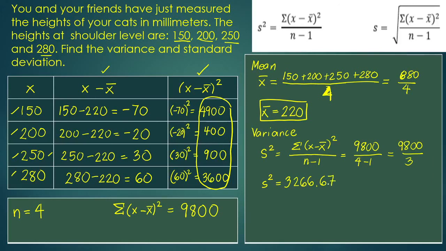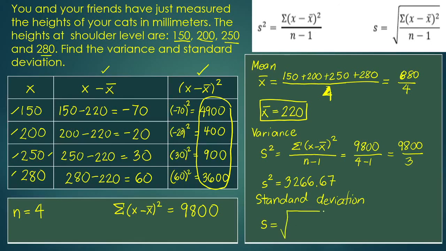0.67. Okay, now this time, do not delete the entry in your calculator. Next, whatever your variance is, to get the standard deviation, it's simply the square root of this one.